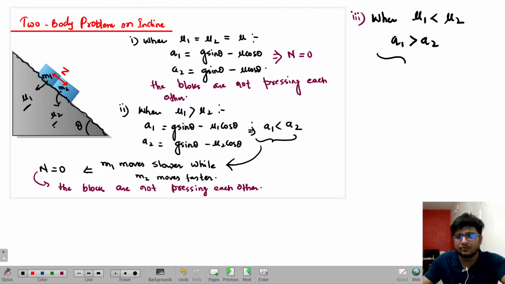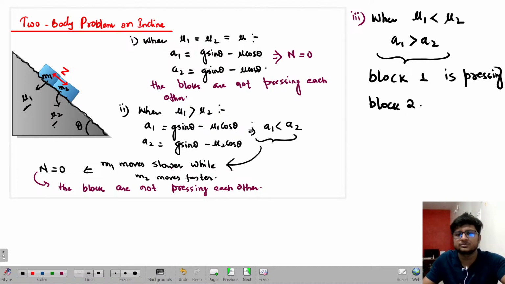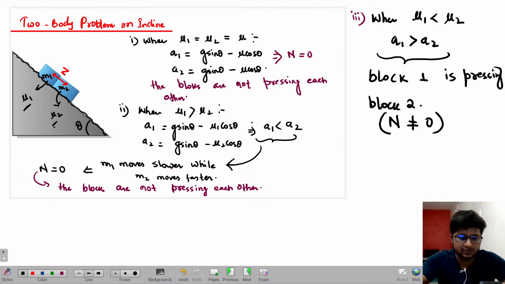And if acceleration of 1 is more than acceleration of 2, this means that block 1 is pressing block 2. Are you able to get me or not? Say me something, yes or no? So here in this scenario, normal is not equal to 0. So we'll take one example of this. Go ahead or not? Okay.